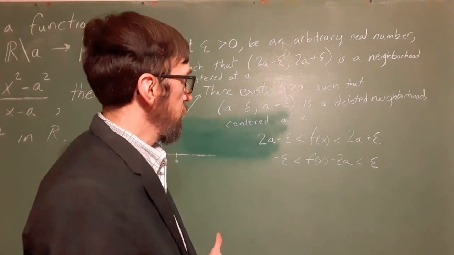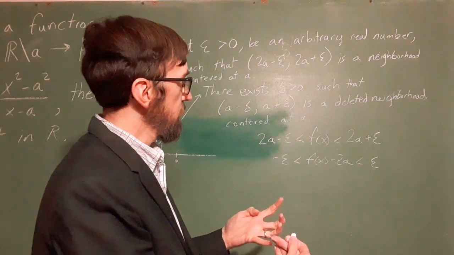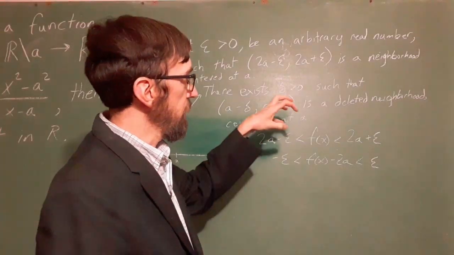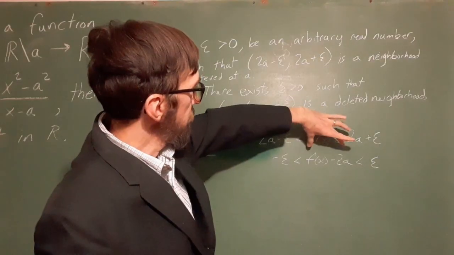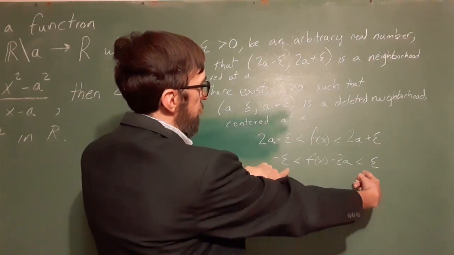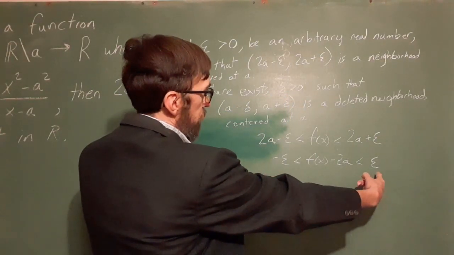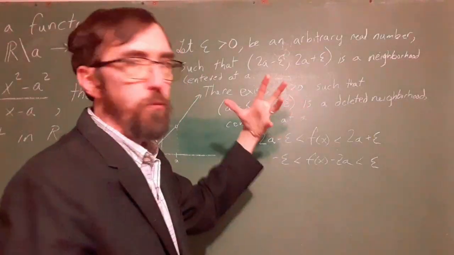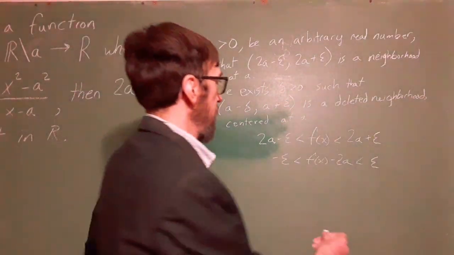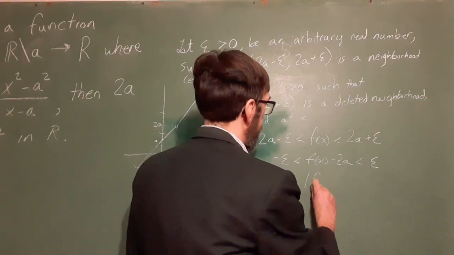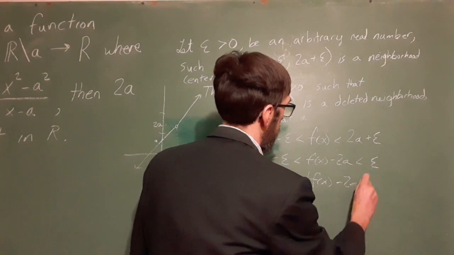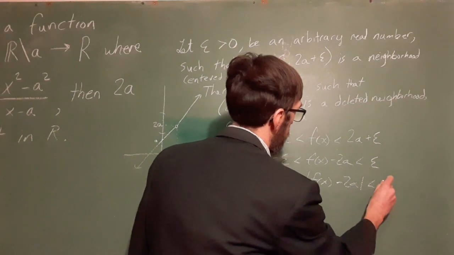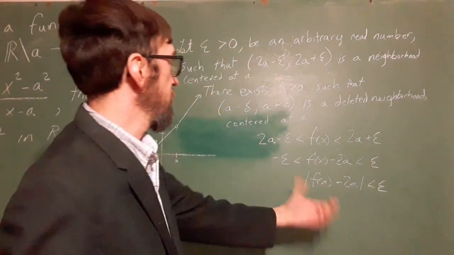And then one more thing that I'm going to do is collapse this again to make it an absolute value statement. Since this is trapped between these values, positive on one side, negative on the other, we can rewrite this statement as an absolute value. And this says the same thing.